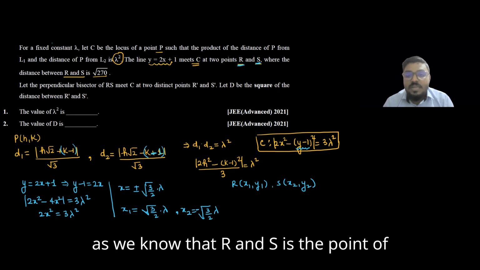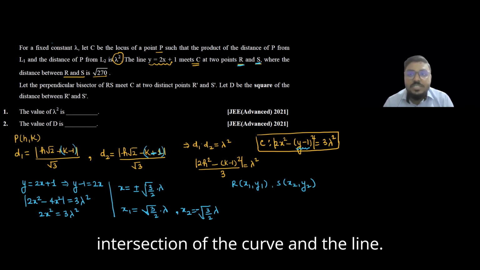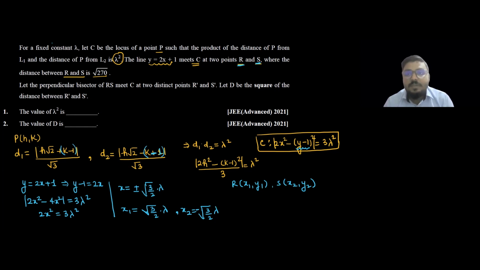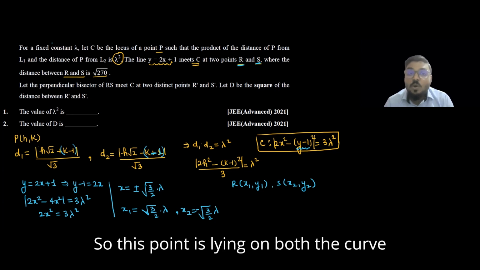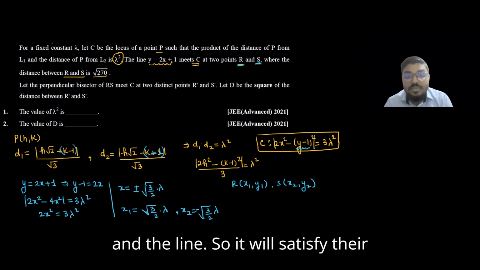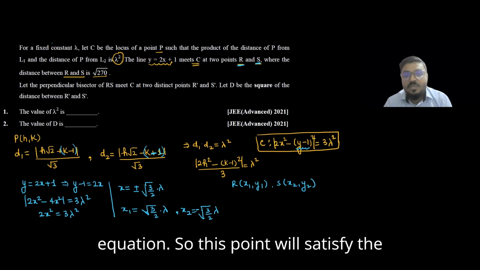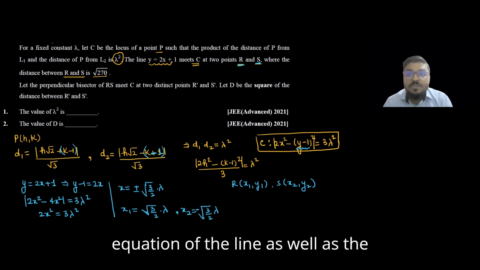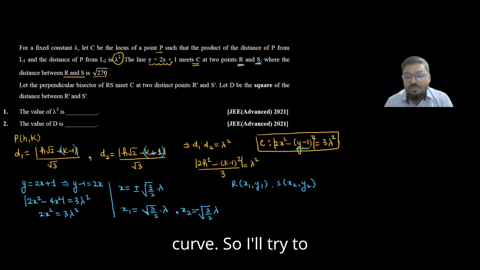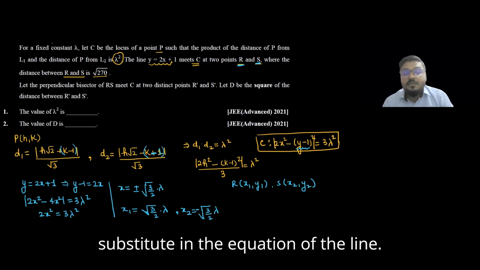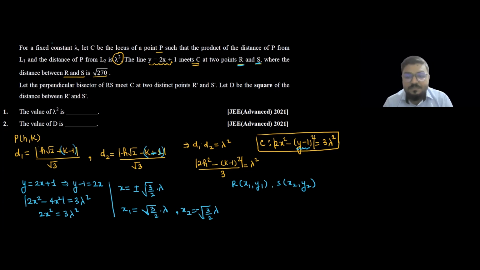Now as we know that R and S is the point of intersection of the curve and the line, this point is lying on both the curve and the line. So it will satisfy their equation. So I'll try to substitute in the equation of the line.